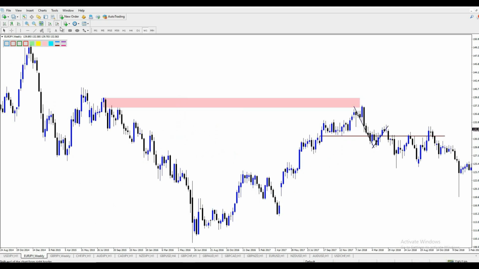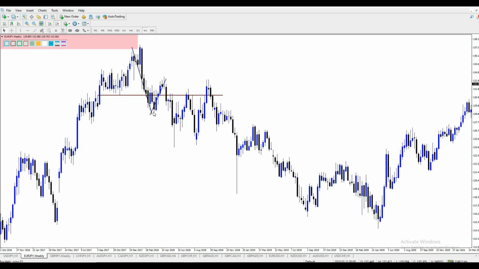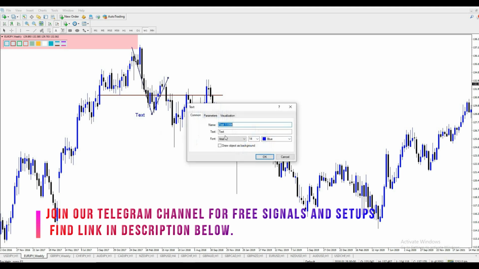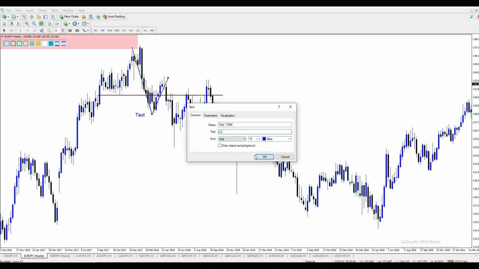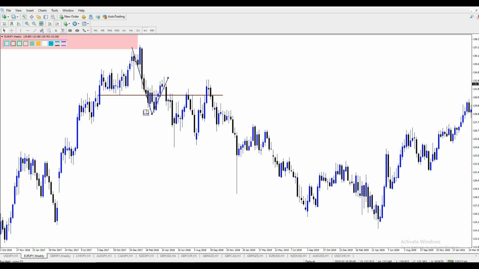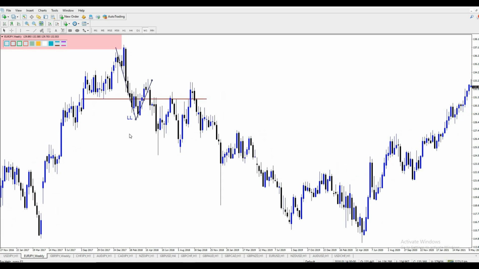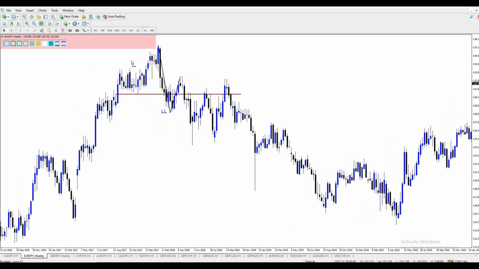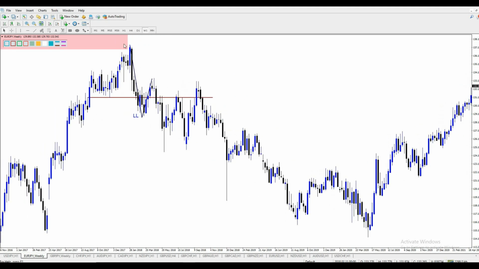So if you can zoom in, that was our break of structure as we had the lower low, right? We had a lower low just below that. So that is our break of structure there, a nice signal there that shows us that there has been a change in structure as price is coming from a supply zone, right? So because of this zone and the reaction right there, we had price giving us a new low, right?